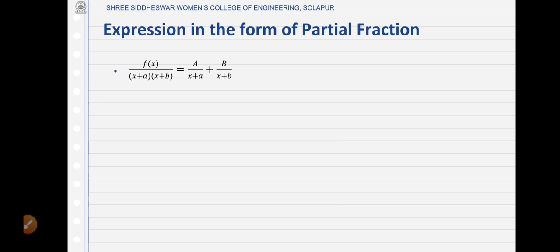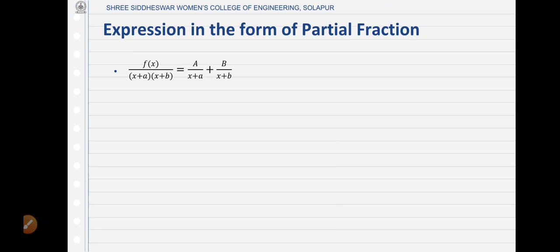Here we can observe that the denominator is containing the product of two linear terms x plus a and x plus b, and numerator is some function of x.